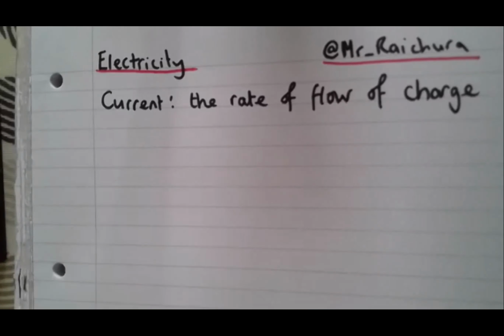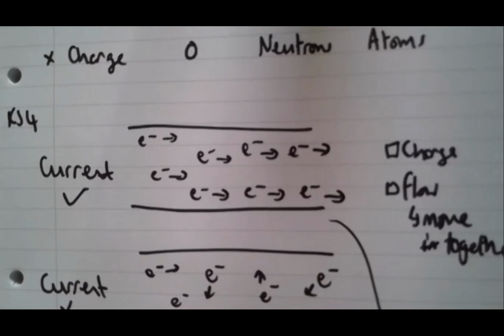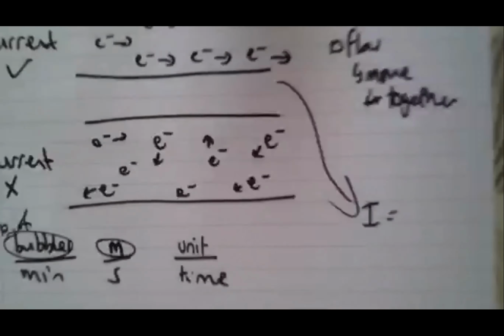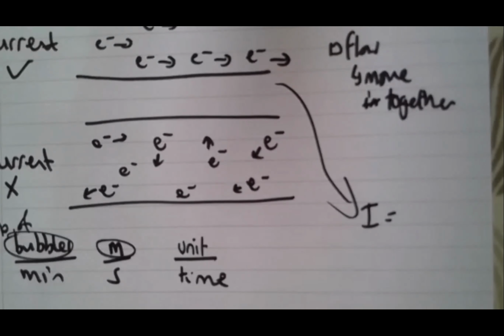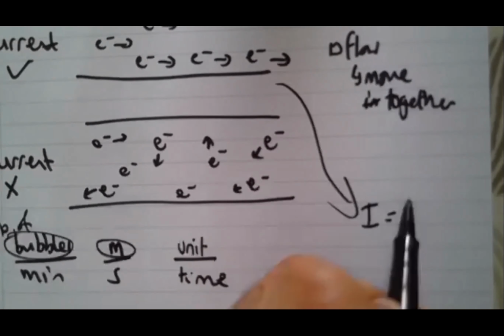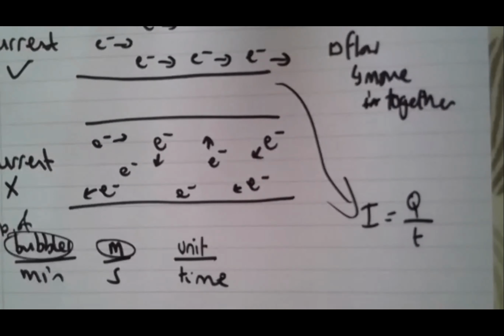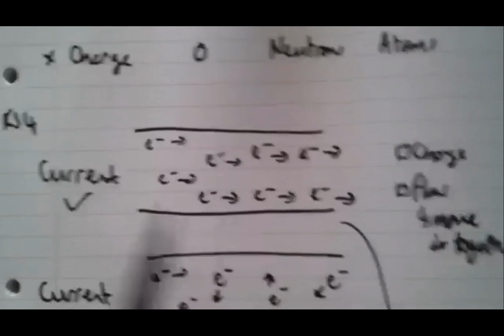I would then use that as a way of introducing the equation. I know I haven't explained what coulombs are, I know I haven't explained what the symbols are yet, but I'm giving you a sense of where this would end up later on: I equals Q over T.